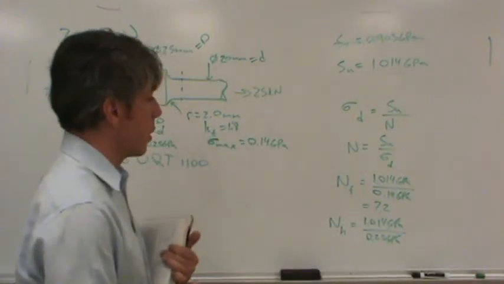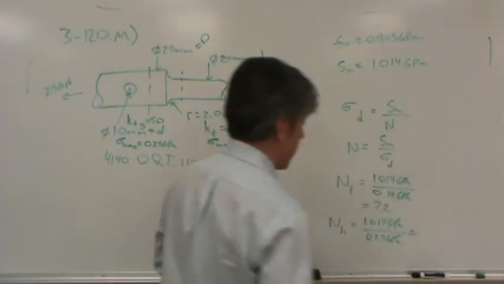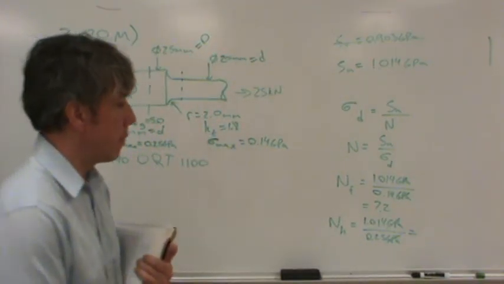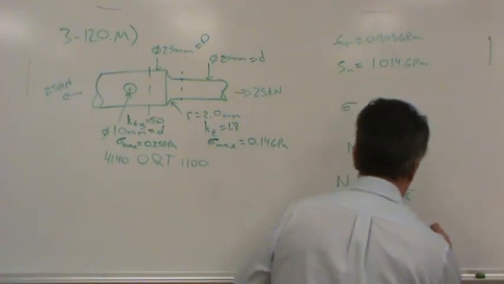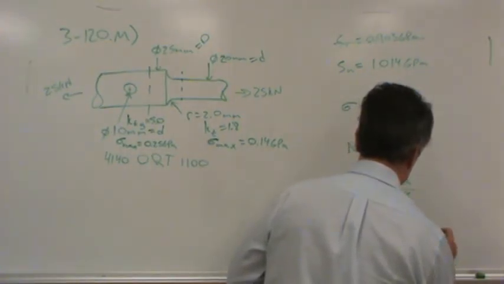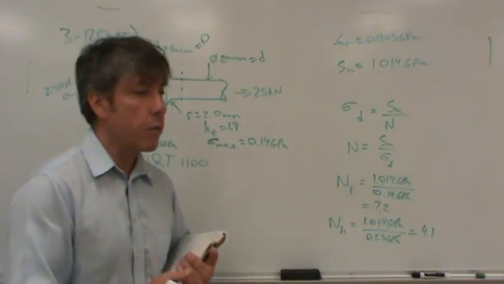So what is a quarter of 1 or so? It's going to be about 4.1. No, I said a quarter of. I meant the other way around. 4.1? 4.1, thanks. So the design factor is obviously even worse back here.